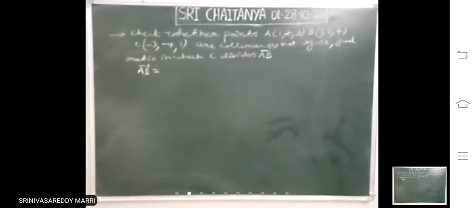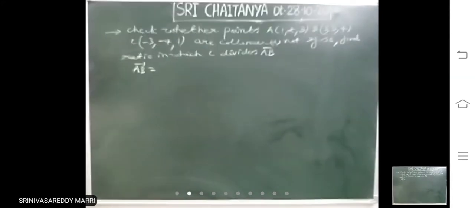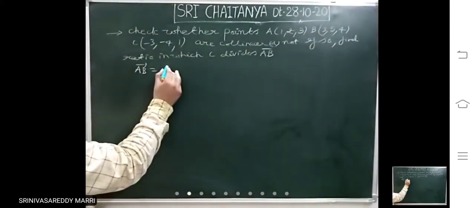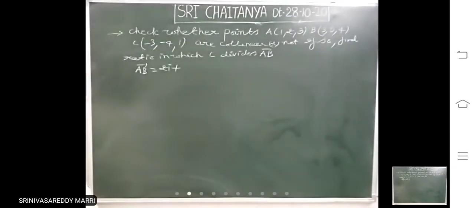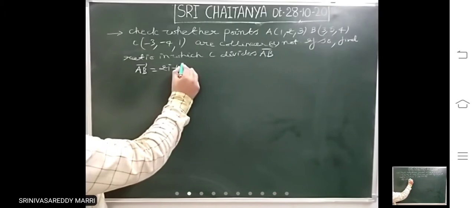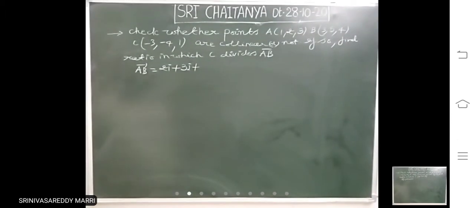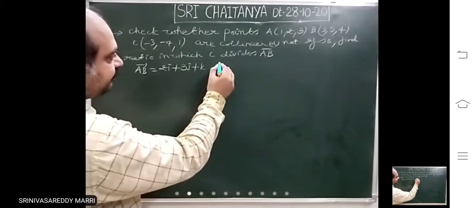AB bar is nothing but OB bar minus OA bar, which means 3i minus i, that is 2i, plus 5j minus 2j, that is 3j, plus 4k minus 3k, that is k. This is AB bar.